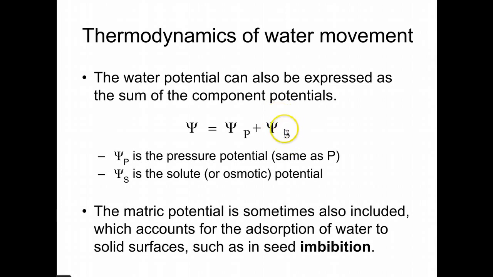We're always going to have a negative solute potential. We can have a positive pressure. So this turgid cell has a positive pressure potential. If it didn't have a positive pressure potential, the plant would be wilted. Okay?